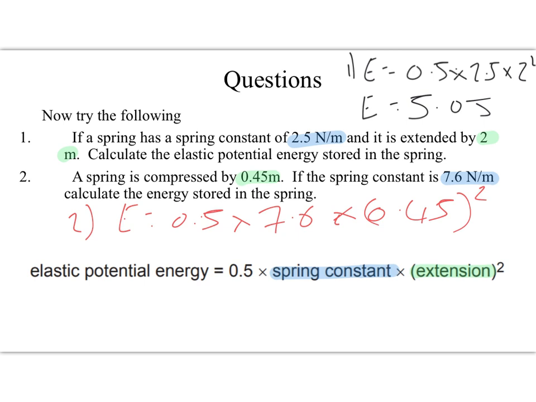Placing that into your calculator, you should come out with an answer of 0.7695. So you want to round to two significant figures, because that's what we've got in the question. So that will be 0.77 joules. That's the answer to question 2. Remember to be writing these into your book as we go along.